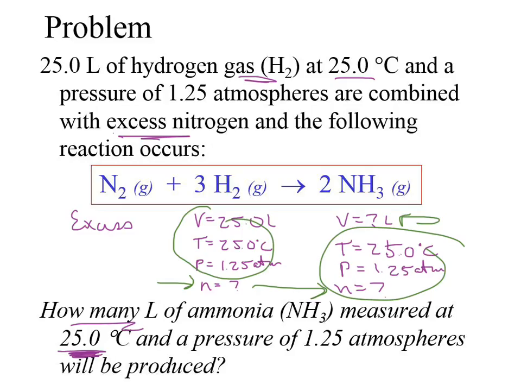This little trick is that if we look at the temperature and pressure, they are the same. If the temperature and pressure are the same, then the number of moles are directly related to the volume. So it looks like this.